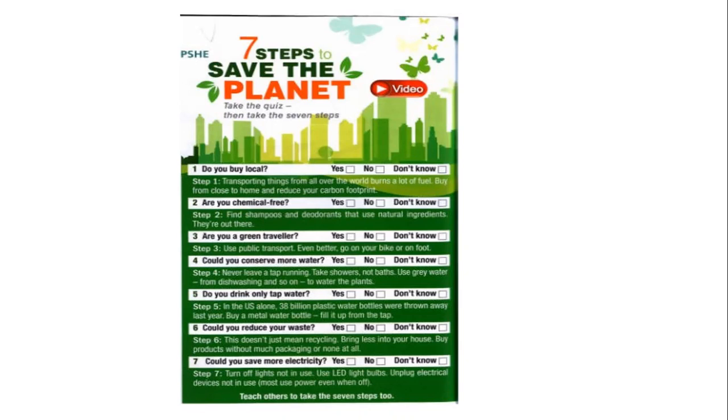Another important thing is to cut down on the usage of plastic bottles, cups, or straws in order to stop this cycle of excessive rubbish and litter, which is polluting the environment. So here is one video about the 7 steps to save the planet, and I hope you enjoy it.